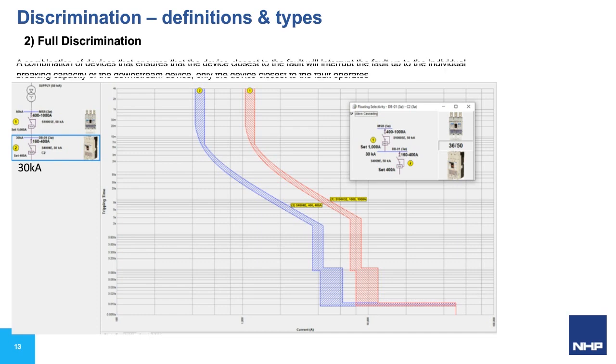This region is the test or reflex region, where breaker behaviours are somewhat unpredictable and fewer combinations are tested. Determination of compatibility between circuit breakers is where we arrive. And in this instance, we can see that for a prospective fault current of 30 kA at C2, full selectivity is achieved.